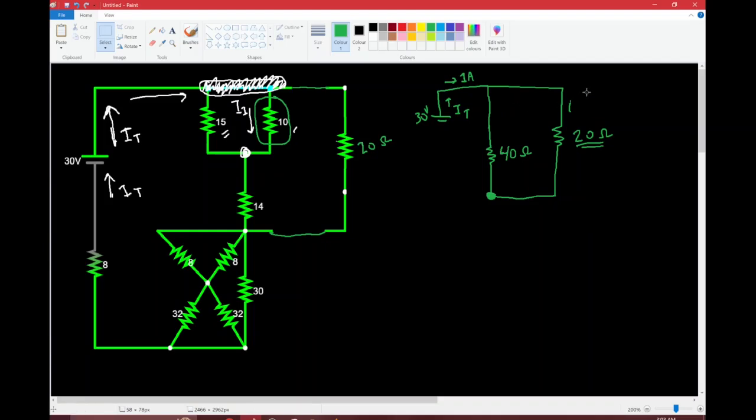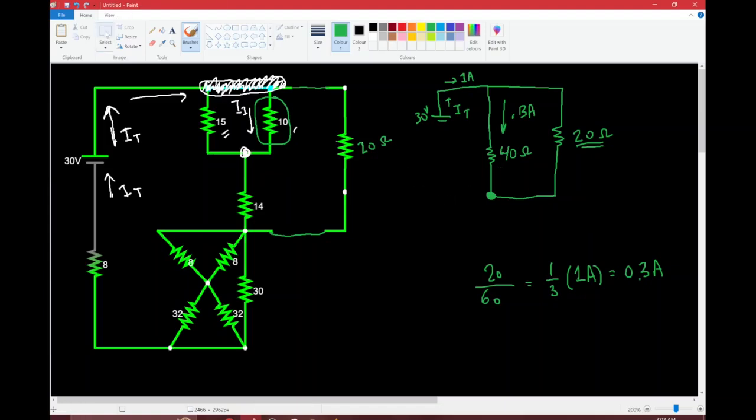Well, if we look at the total resistance, it's 60, and this one over here has 20, and then we get 1 over 3, and if we multiply that by the total current, that's going to equal 0.3 amps. So then 0.3 amps would go through here.